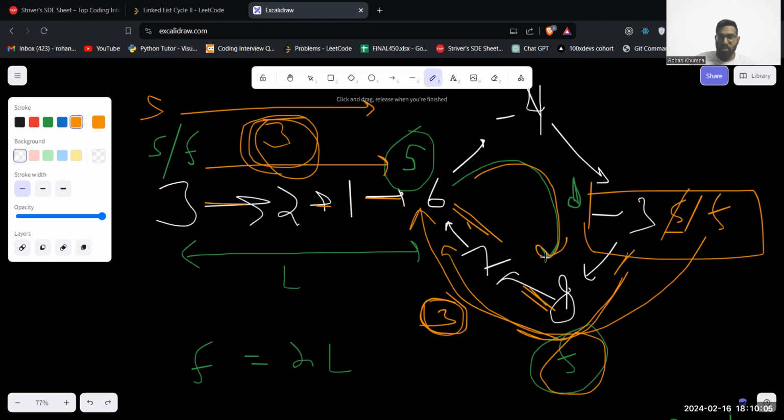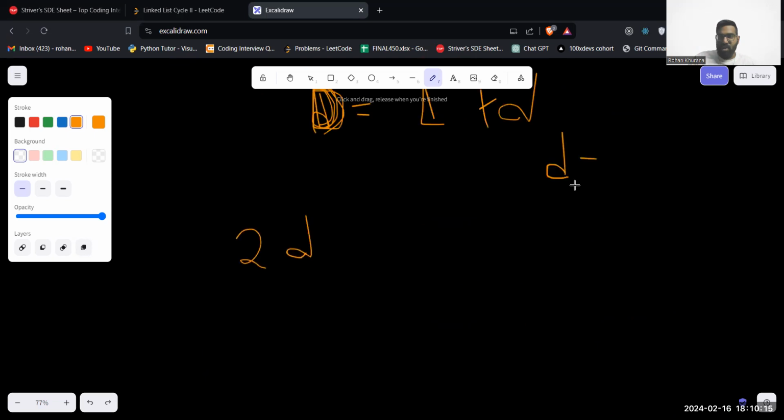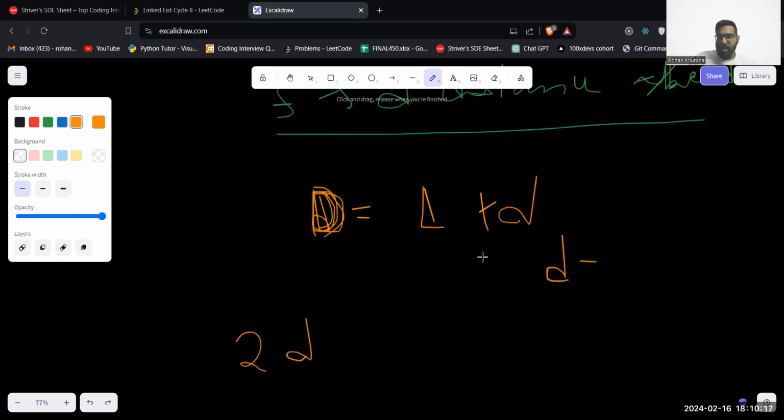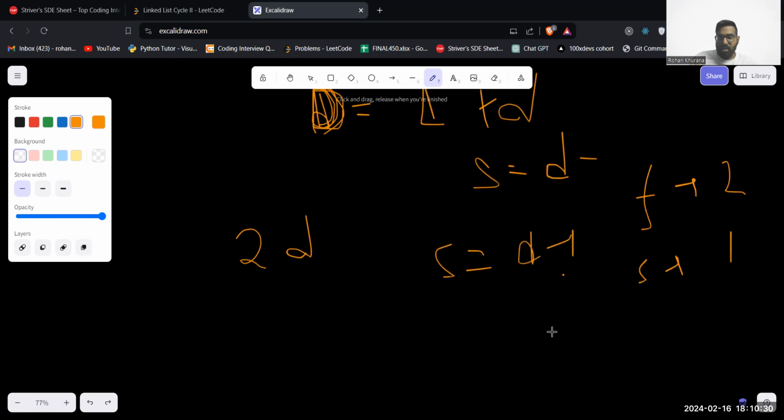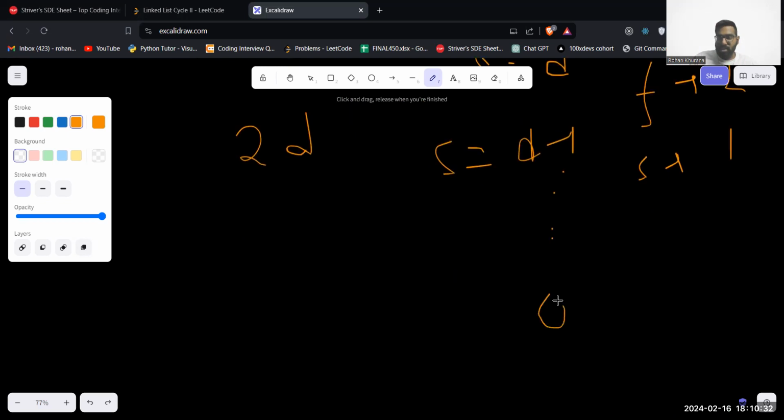Let's say this is some distance S, right? If this is S, then in the next step, fast will move by 2 points, slow will move by one step. Now my S becomes D minus one, and so on, this will eventually become zero.